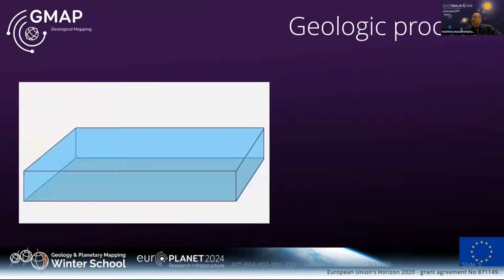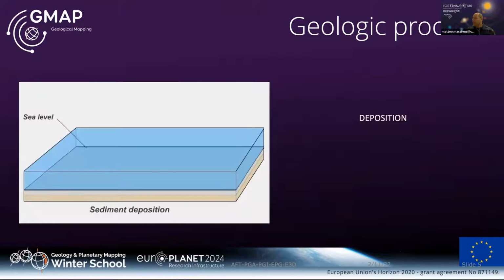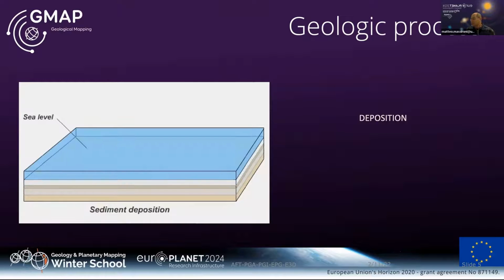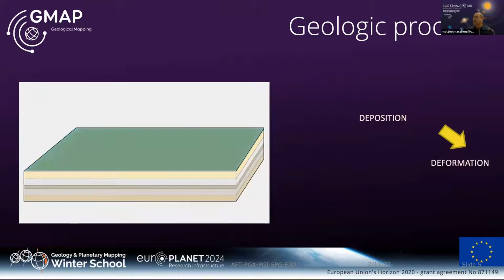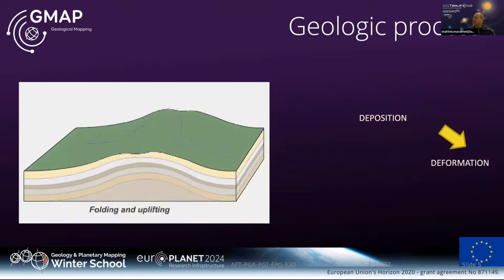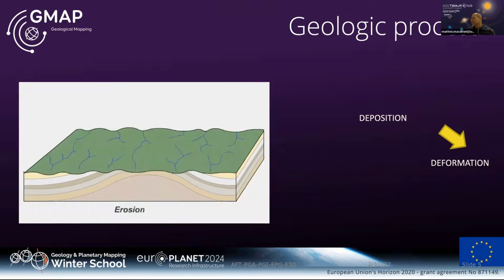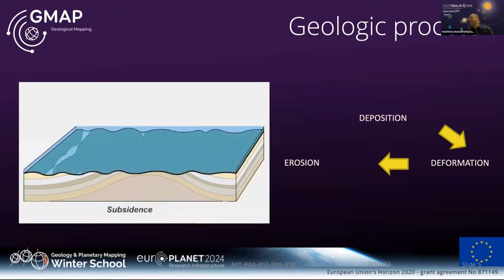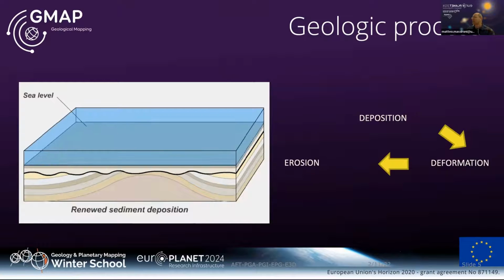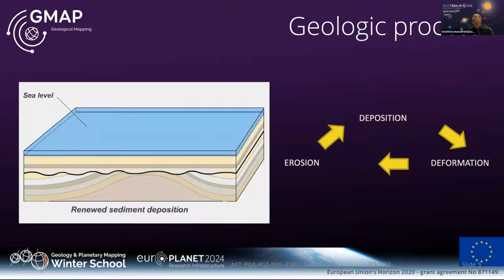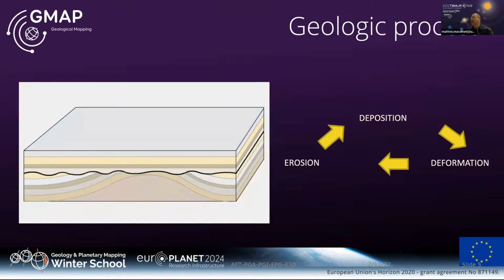So if we have a classical evolution of a geological process, we know that there is deposition at the beginning, then we may have deformation afterwards, and from the deformation we have erosion, and after the erosion we may have sedimentation. Again, these kinds of cycles make different geometries and relationships between the geological units.